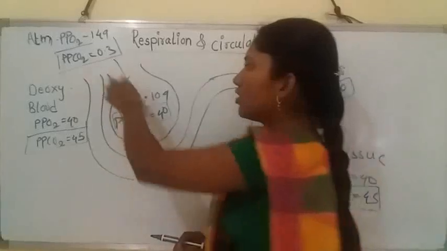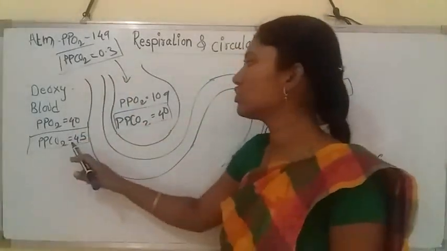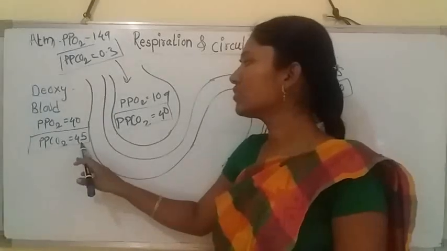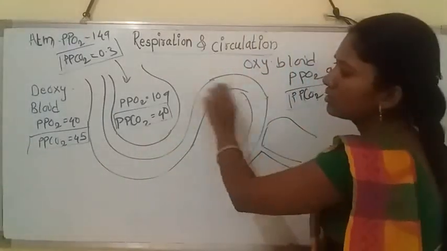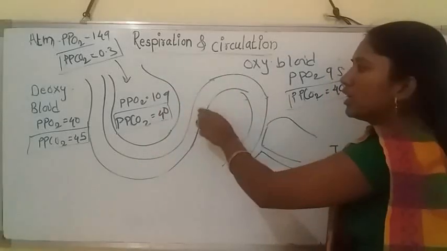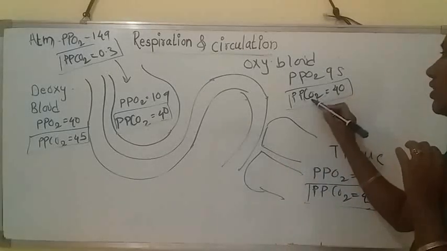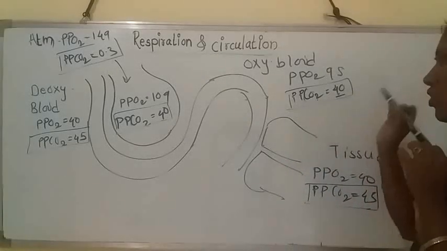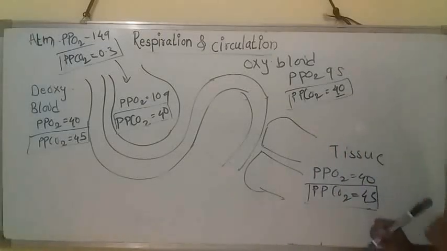Now the blood coming towards the alveoli is deoxygenated blood, and in the deoxygenated blood, the partial pressure of CO2 is 45. The blood exiting the alveoli, coming out from the lung, is oxygenated blood, and that oxygenated blood contains a partial pressure of CO2 of 40, and finally in tissue the partial pressure of CO2 is 45.